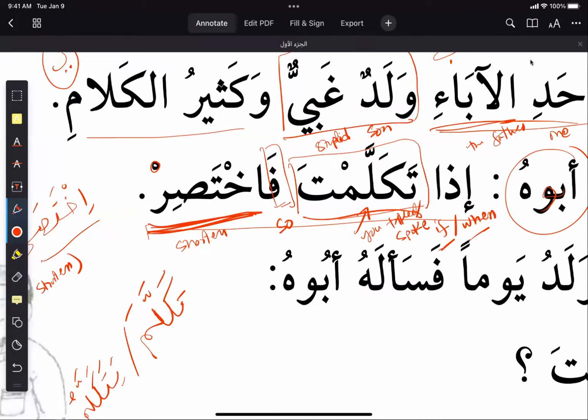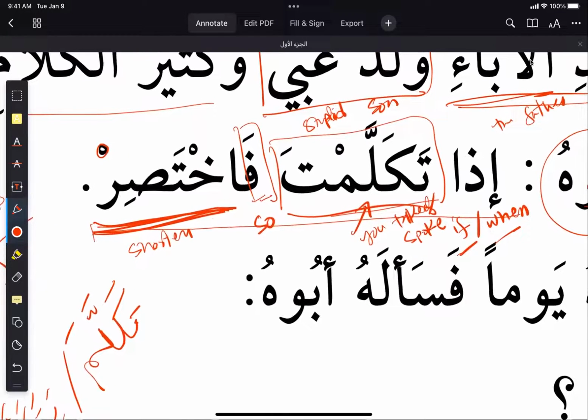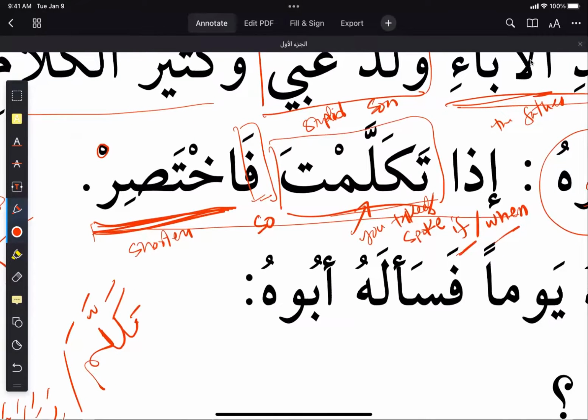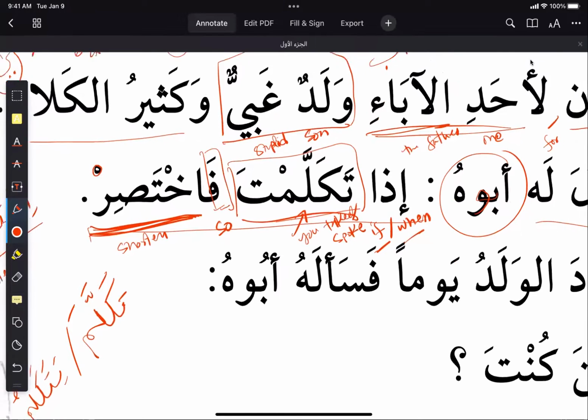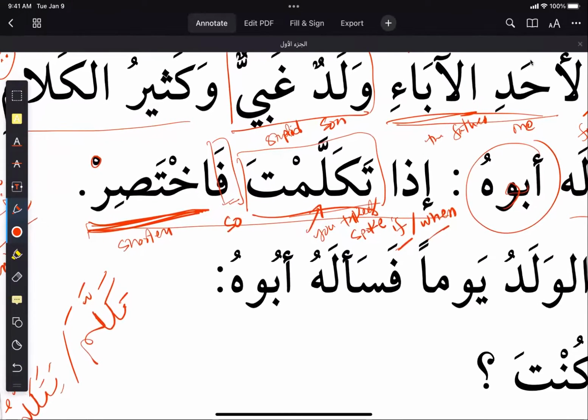So we use the past tense, but we mean the future. That's exactly what's happening here. So if you speak, shorten. That's what his father is advising him, right? If you speak, shorten it, meaning shorten your speech.